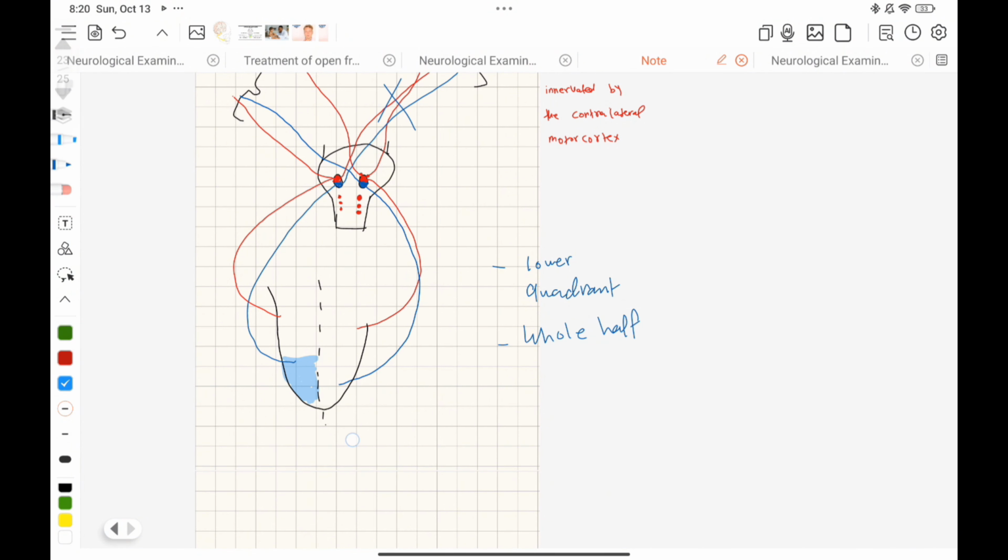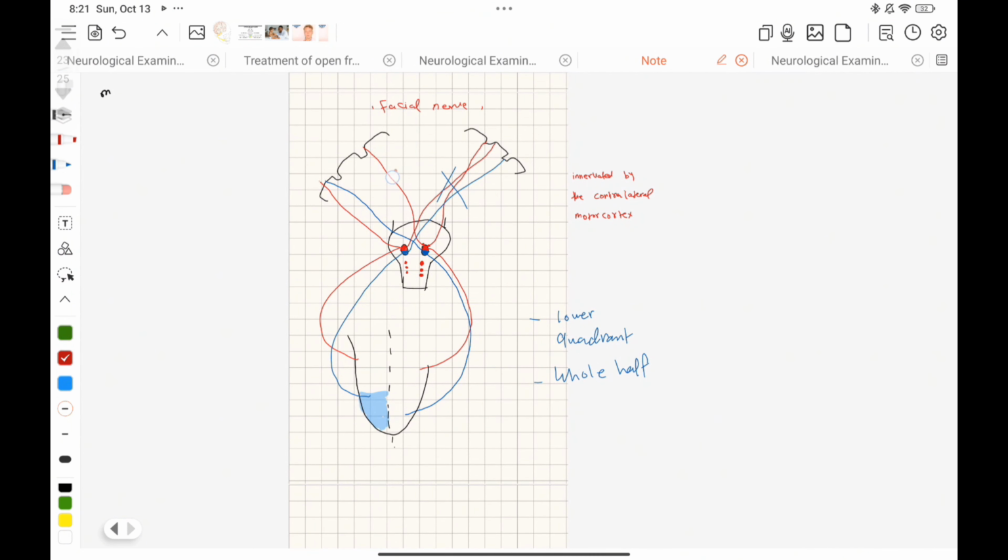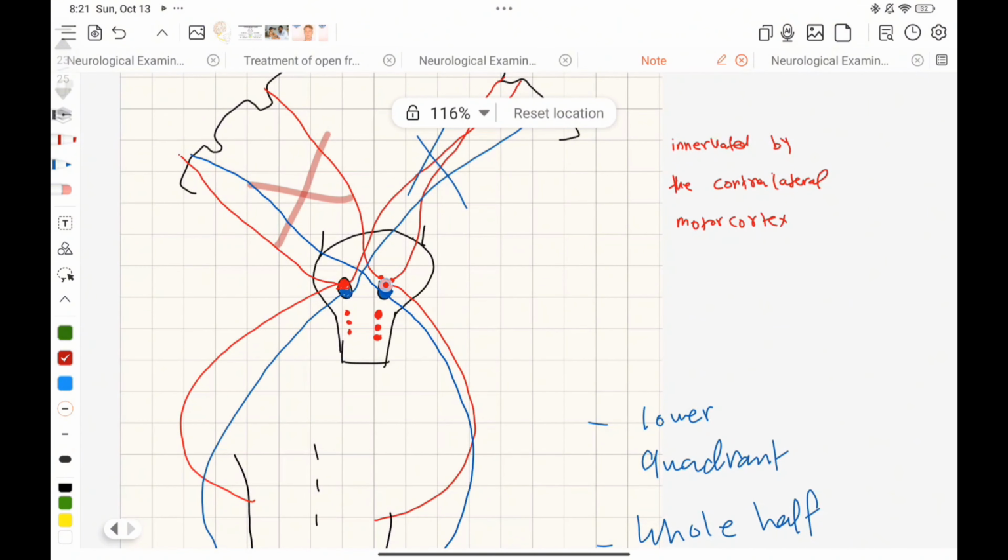So we have to know that if the lesion was on the upper motor neuron fibers, the facial palsy will be on the contralateral side. Here also the upper motor neuron, if it was here, this nucleus is supplied from this side and from this side, so this side will not be affected.